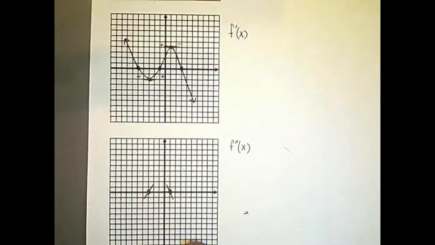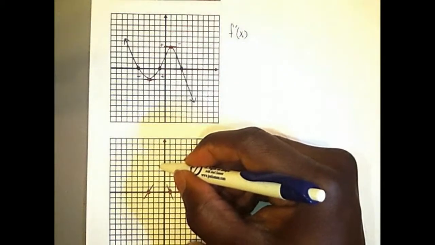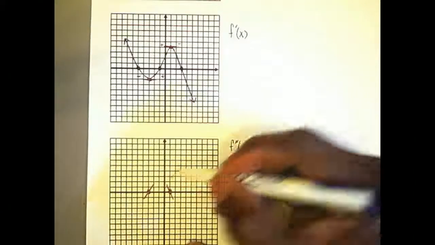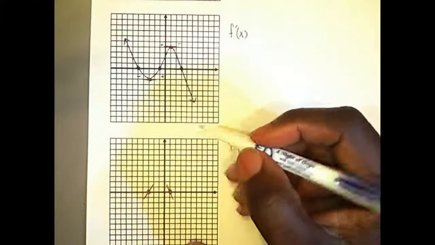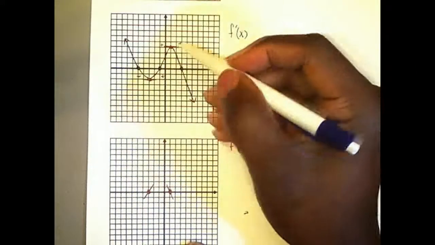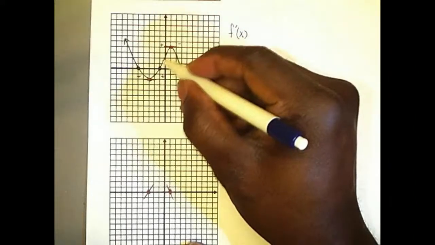And so of course we don't know exactly what the y coordinate is going to be, but we can at least guess the location, or the x value, where that happens. And so if we look, as we talked before in the first video, our inflection point should be somewhere in here.